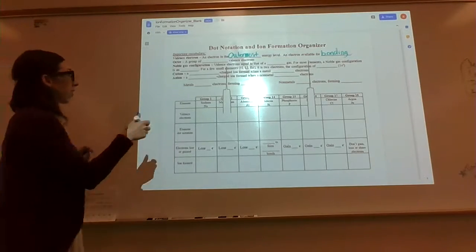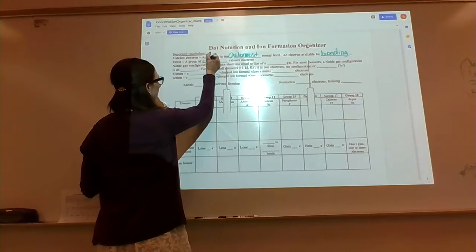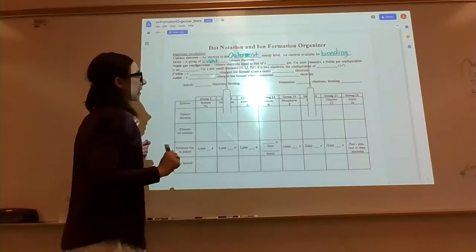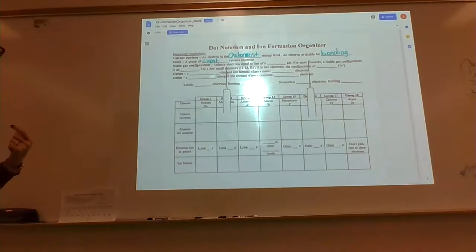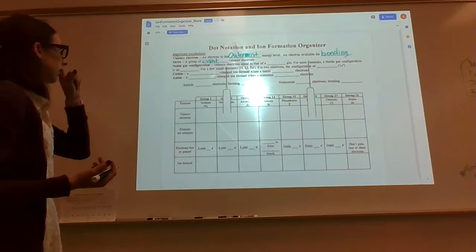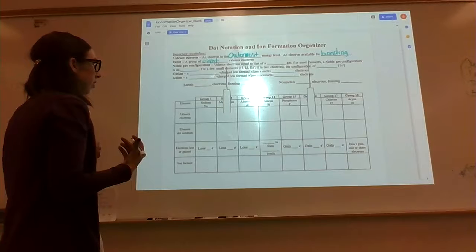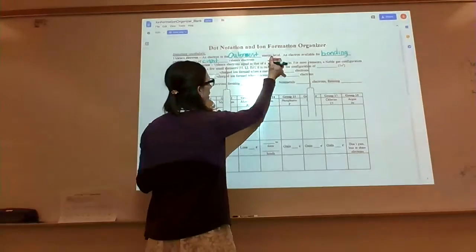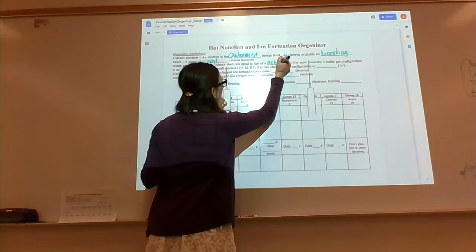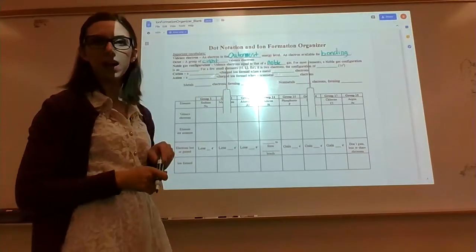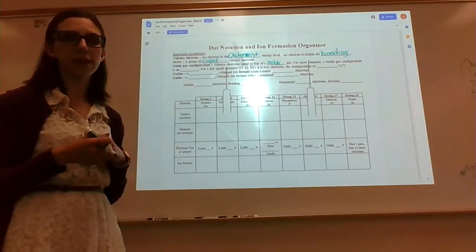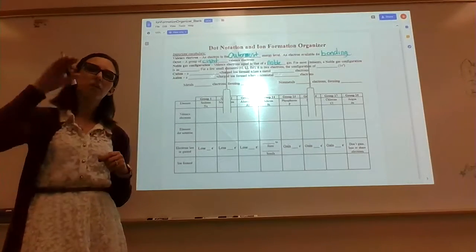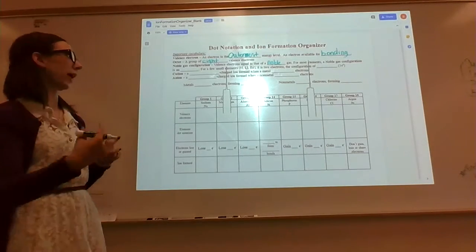Octet is a group of 8 valence electrons. That's the octet rule. It wants 8 to be happy. Noble gas configuration is valence electrons equal to that of a noble gas. That's when we tried that one for fun in class, that noble gas notation where you had the brackets and you would have the 1s2, 2s2 following the brackets.